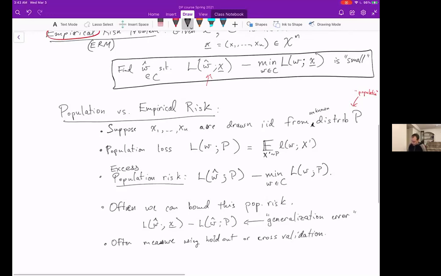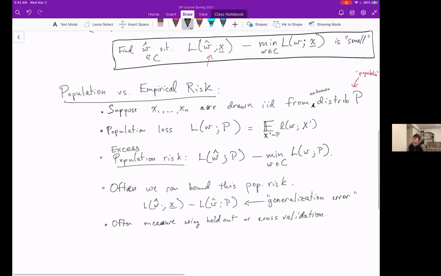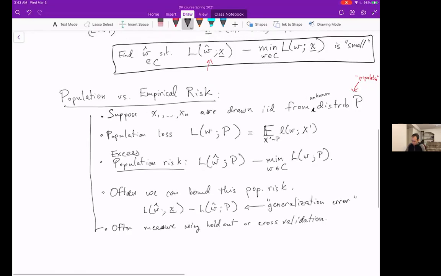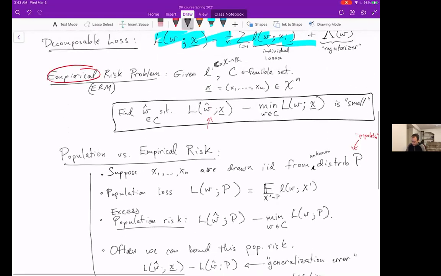And again, we'll talk about that. But for now, we're going to set this aside and really focus on the empirical risk. So that's really what we're going to be concerned with today and next lecture.